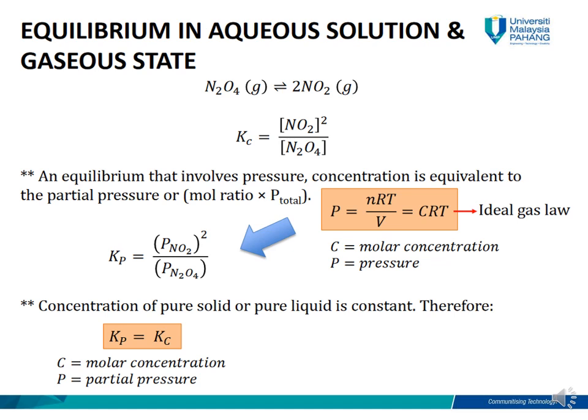Basically, for this partial pressure, we implement the ideal gas law, which is PV equals nRT. When we have any reactant or product in a pure solid or pure liquid phase, we neglect the value. So you need to look very carefully at the phase of the reactants and products.